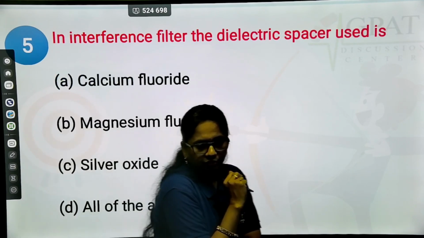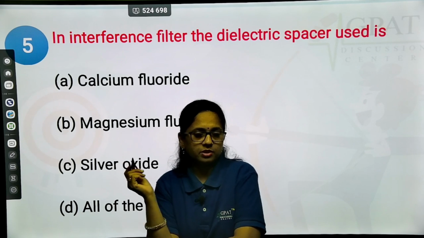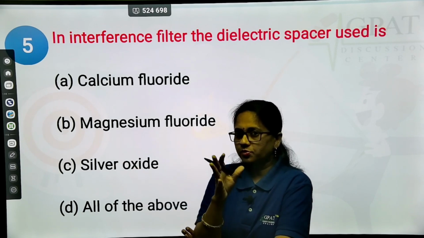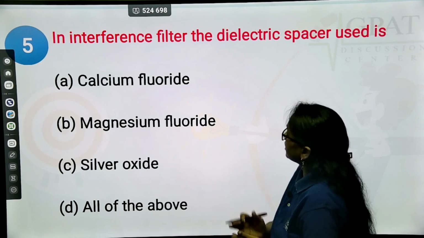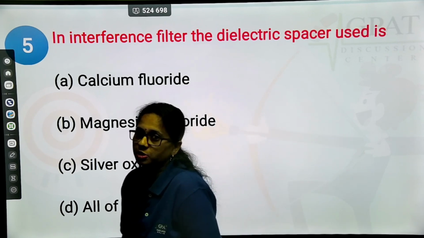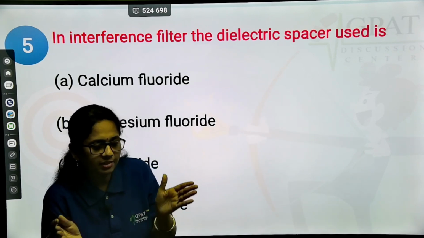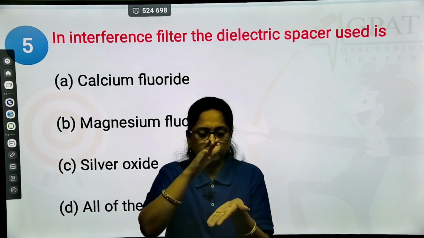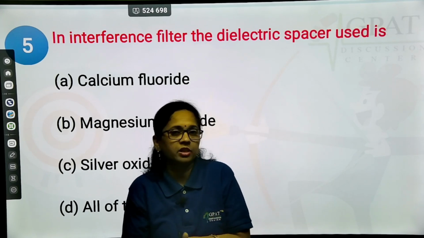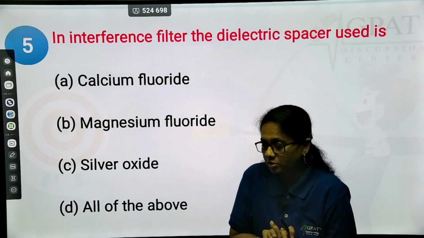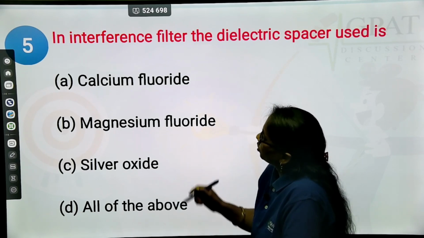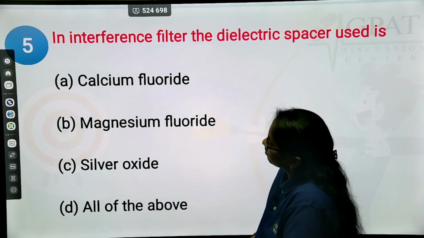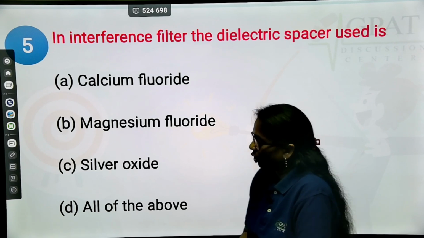Next question, interference filter. Just now we have discussed the filters: absorption filters and interference filters. In this interference filter, dielectric spacer material. Interference filters are made like a sandwich, so in between they use a material having a dielectric constant, and it should also have proper metallic properties. Here the options are calcium fluoride, magnesium fluoride, silver oxide and all of the above.